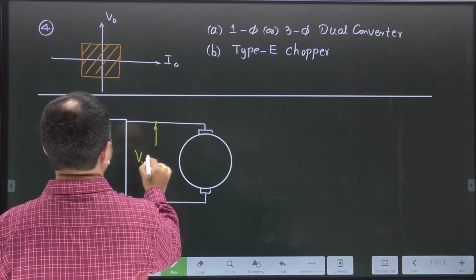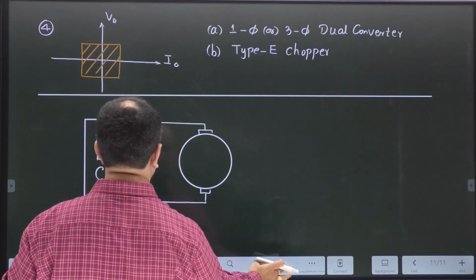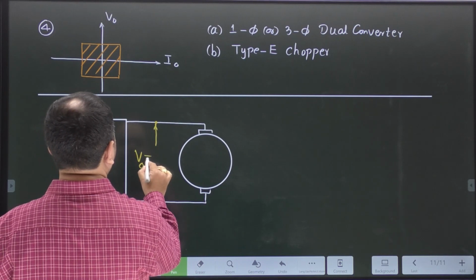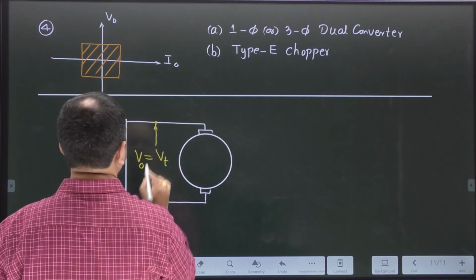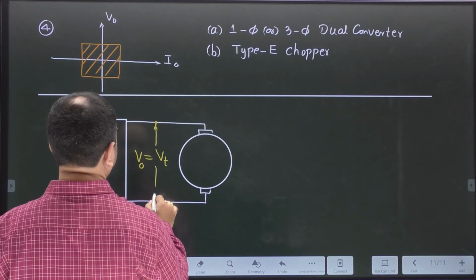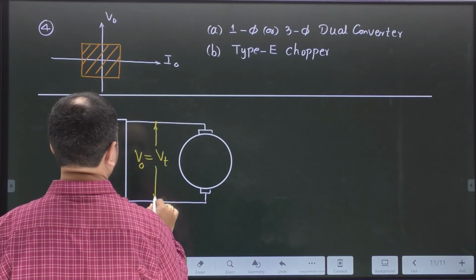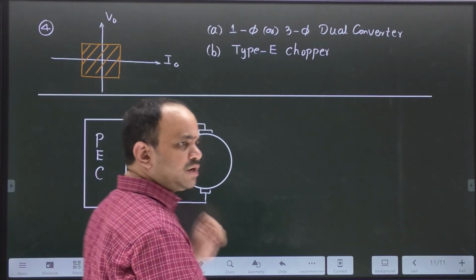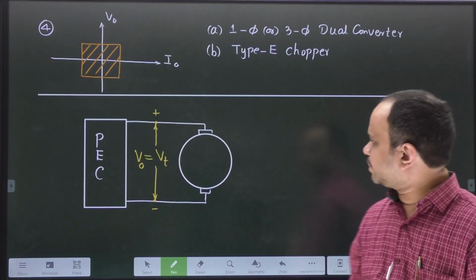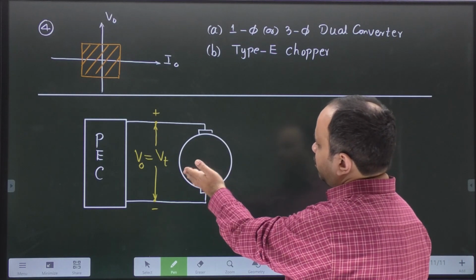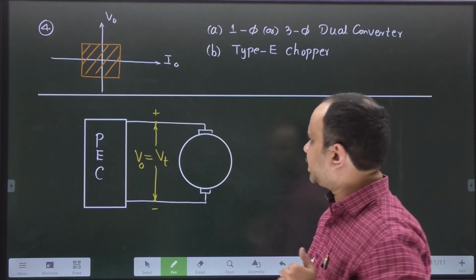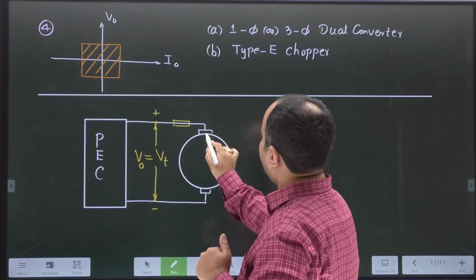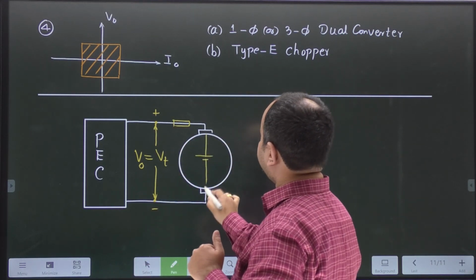Let me write it in order like this. Converter output voltage of the power electronic circuit is equal to terminal voltage of DC motor, of course, it will have some drop here, plus back EMF.